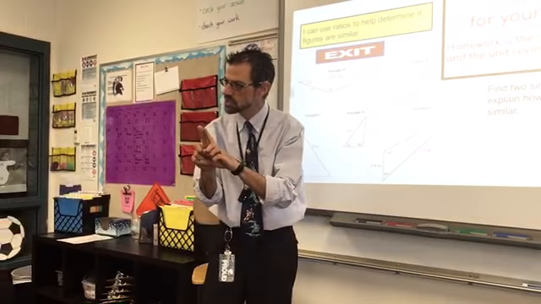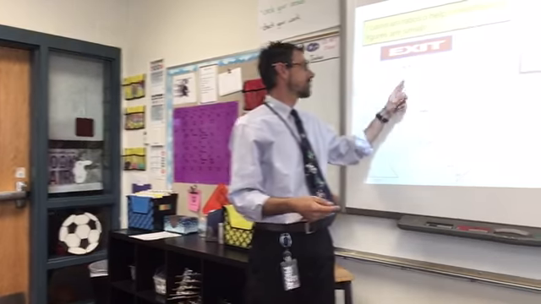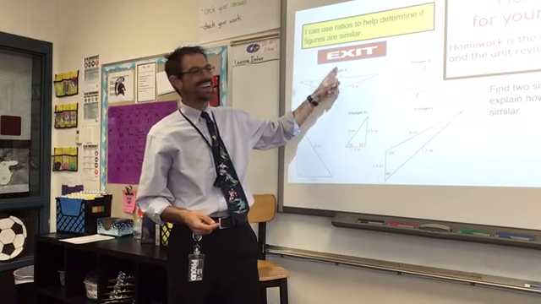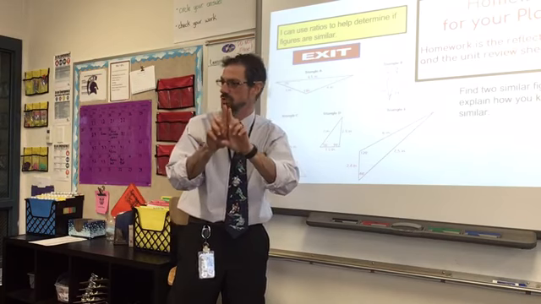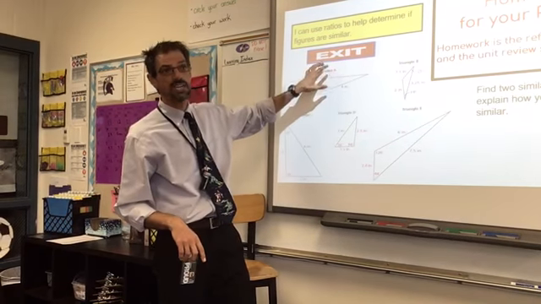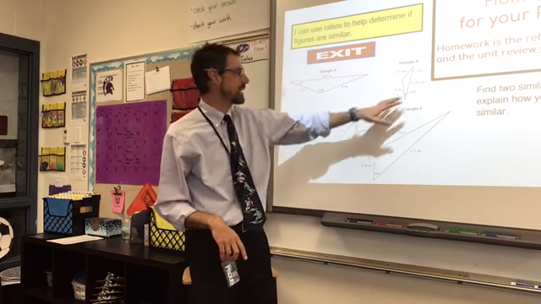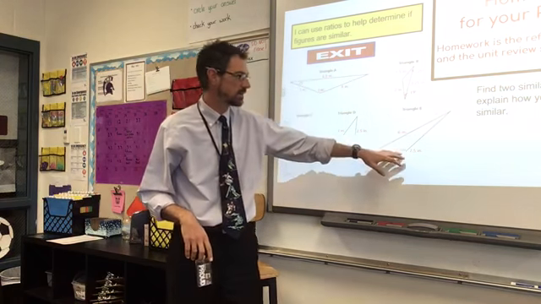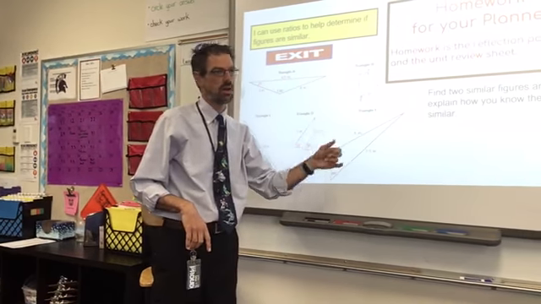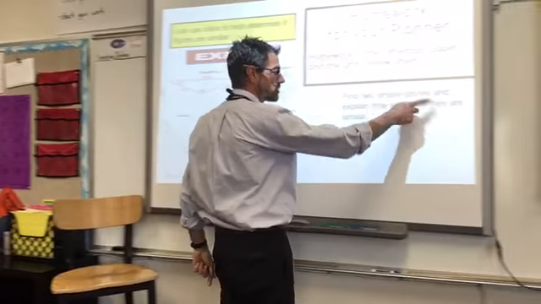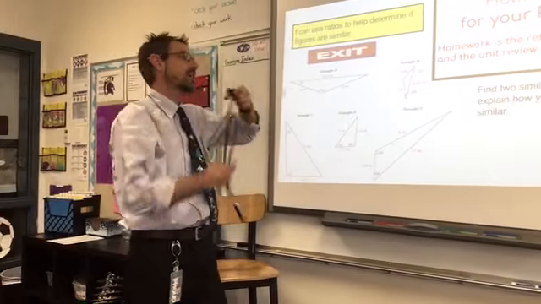I want you to make a ratio of one side to another side, then find the corresponding sides and show me how those ratios are equal. Obviously, you're going to have to tell me what the dimensions are in triangles A, B, C, D, and E, and show me how you know that they are similar. So find two similar figures and explain how you know they are similar.